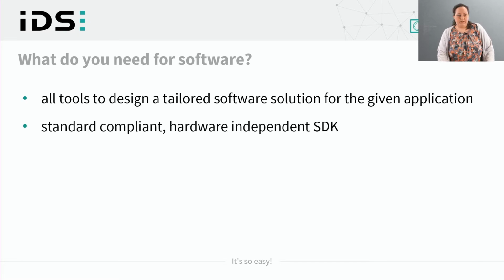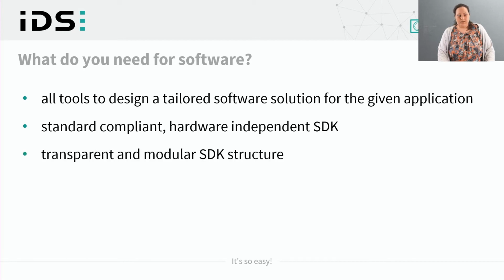Beneficial is a standard compliant and hardware independent SDK because it enables you to switch faster, for example, to a new camera vendor or to switch between camera models. And also beneficial is a transparent modular SDK structure. We will come to that a little bit later.